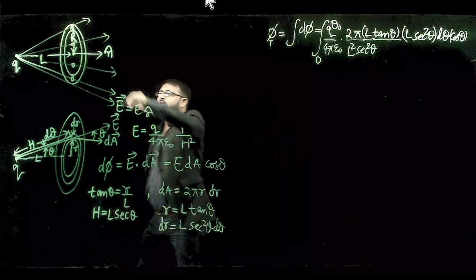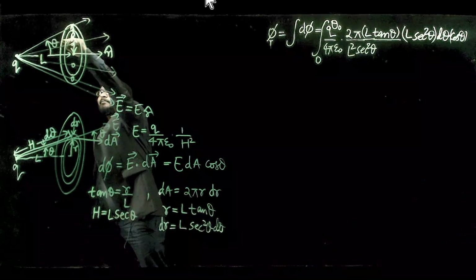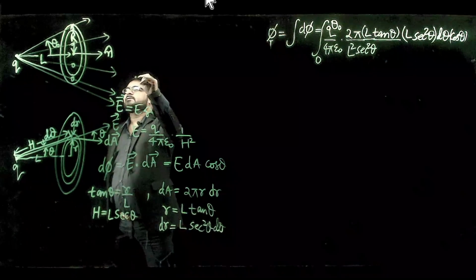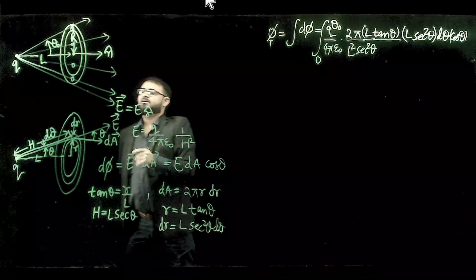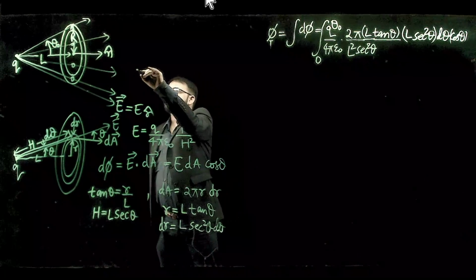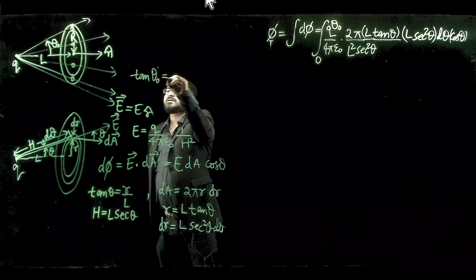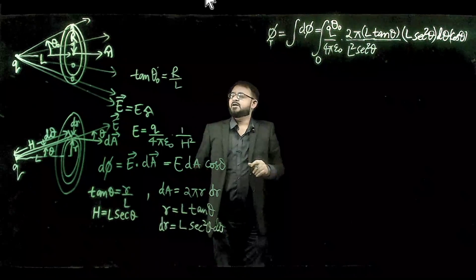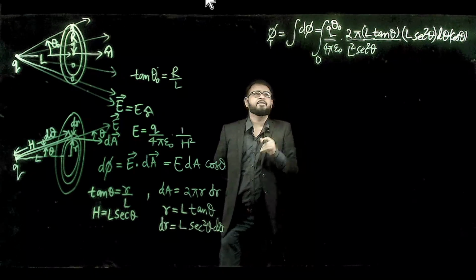Now what is theta naught? Theta naught is basically this angle. Okay. Now our theta naught is here. Okay. So you can see tan of theta naught is equal to R by L, right? So then we can span this entire disk.